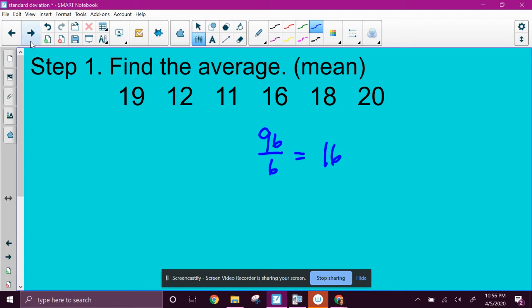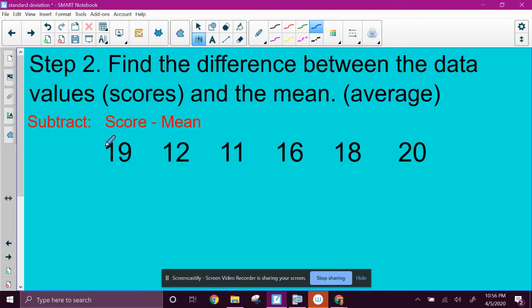Okay, so the next step is we want to find the difference between each piece of data and the mean. So we're going to take every one of these and subtract 16. So you're taking your pieces of data and you're subtracting the mean. So 19 minus 16 is 3.